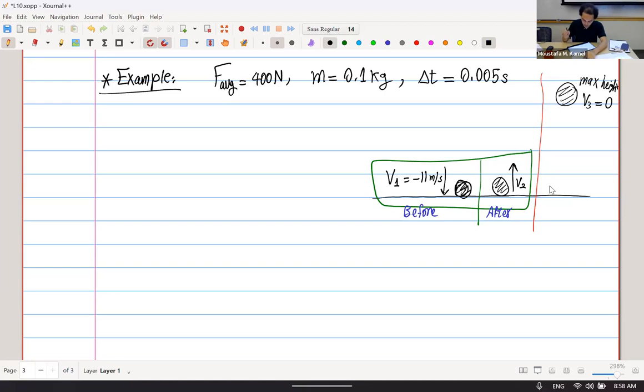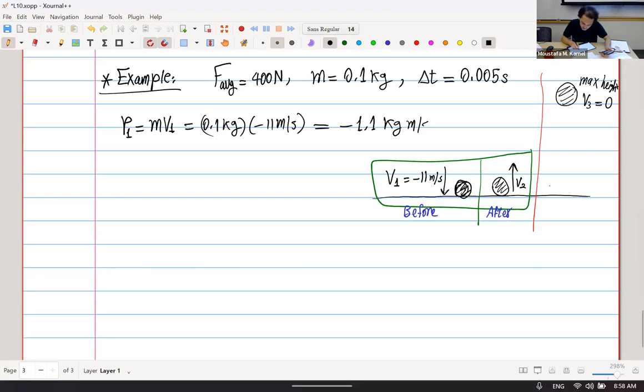To get V2, we need to use the impulse momentum theorem. So again, let's calculate the initial momentum. P1 equals mv1. This is 0.1 kilogram times the initial velocity, -11 meters per second. We calculate that this is just -1.1 kilogram meter per second. Momentum 2, mv2, equals 0.1 kilogram times v2, which we don't know. This is our unknown.